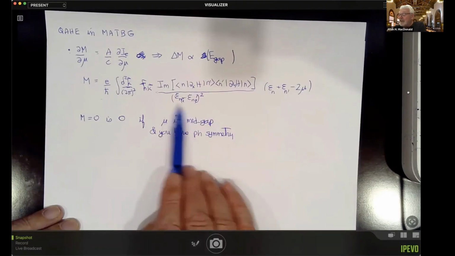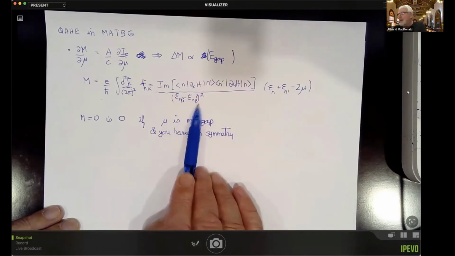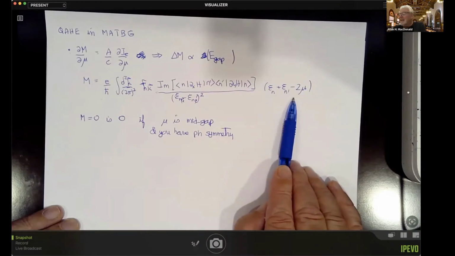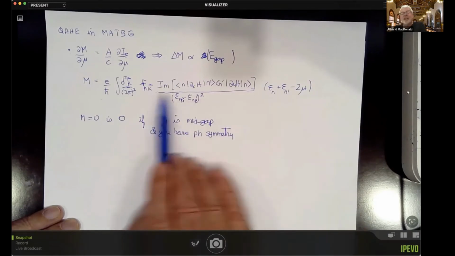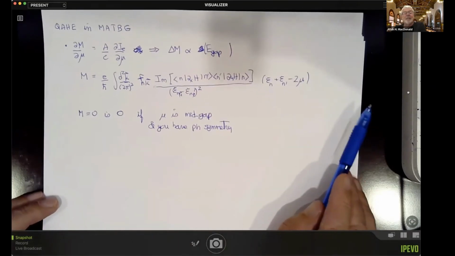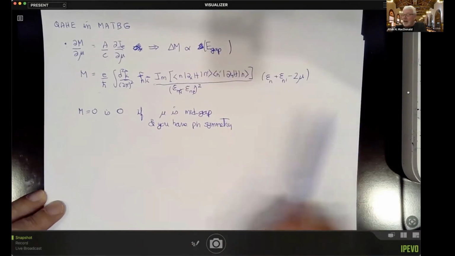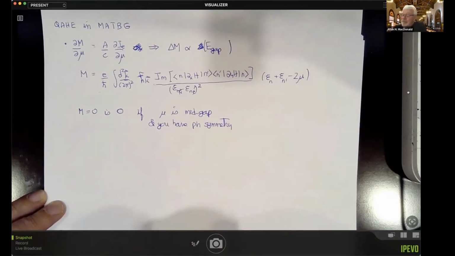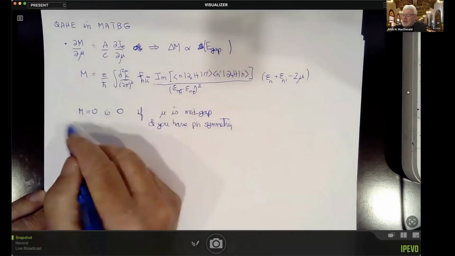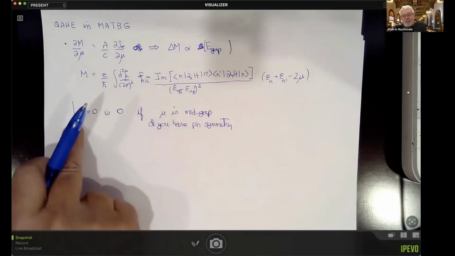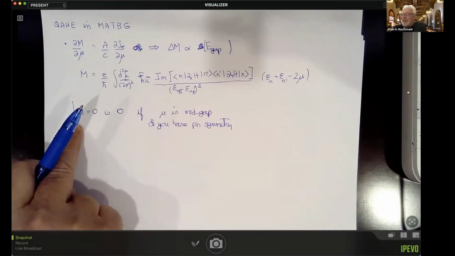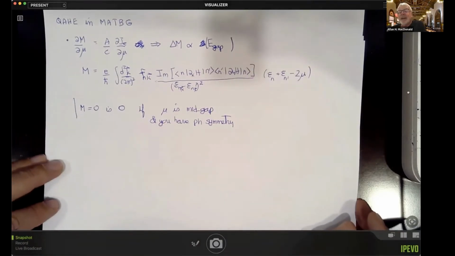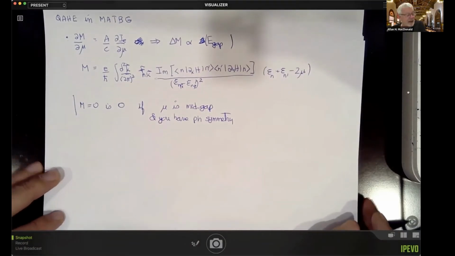Obviously, the energy difference squared doesn't change. The sum of the energy changes sign, and you can show that these matrix element factors stay the same. And so that's how this property emerges. So that's the condition: the closer you are to particle-hole symmetry, the more certain you are that the magnetization will jump across the gap.